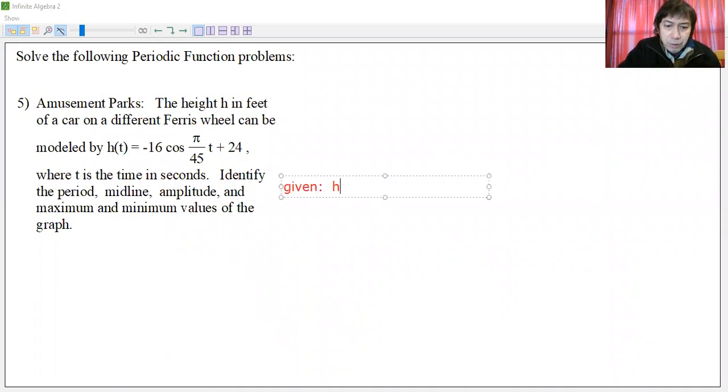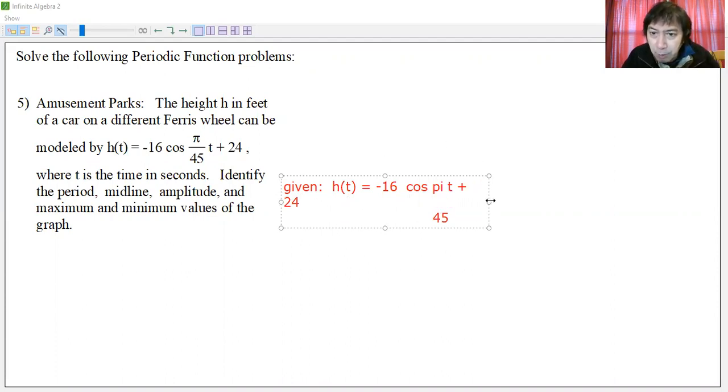We have the function h of t equal to negative 16 cosine pi over 45 t plus 24. And so we can identify this using our own equation, x and y.